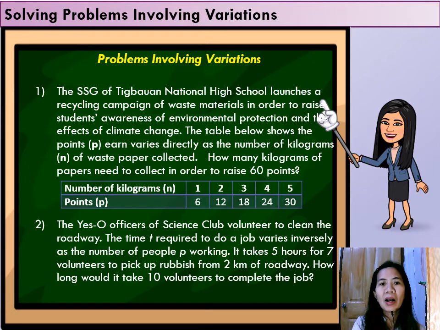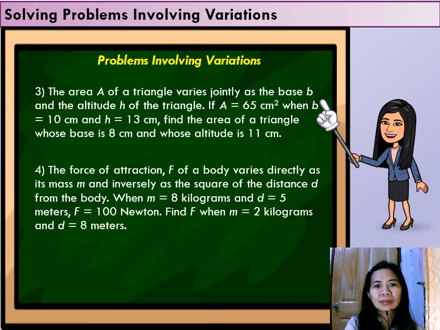Now here are the problems that we are going to solve in this tutorial. We have problem 1. We are going to use direct variation for this. Problem number 2 will be inverse variation. Problem 3, we are going to use joint variation. And problem number 4, we are going to use combined variation.